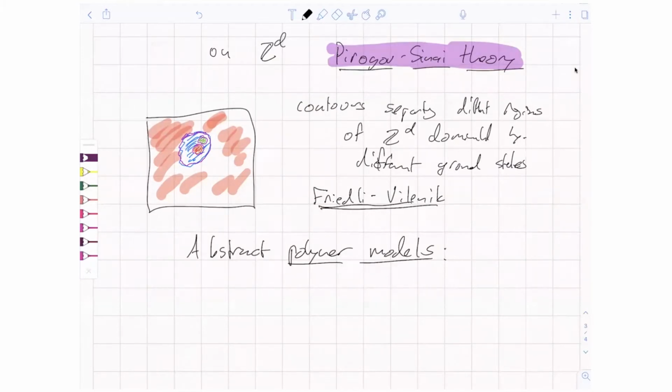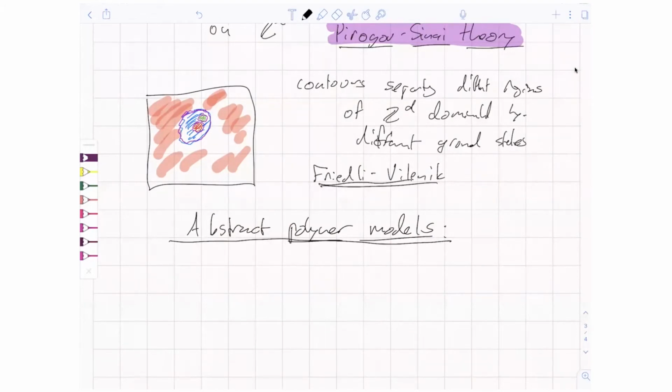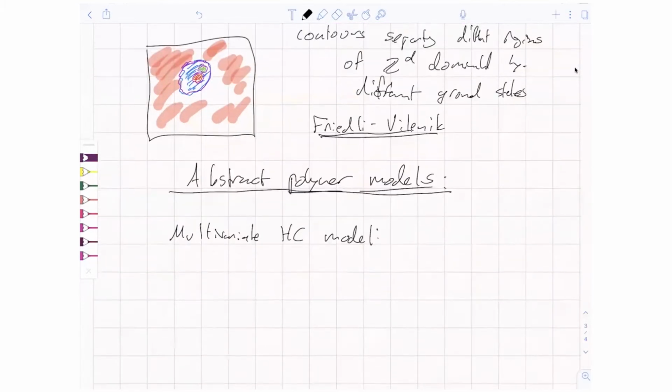Good. So how are we going to carry this out in combinatorial settings? We're going to use these abstract polymer models. And so let's think at a high level, what is the multivariate hardcore model? There are two properties. The multivariate hardcore model, which was the setting for the cluster expansion, has two properties.